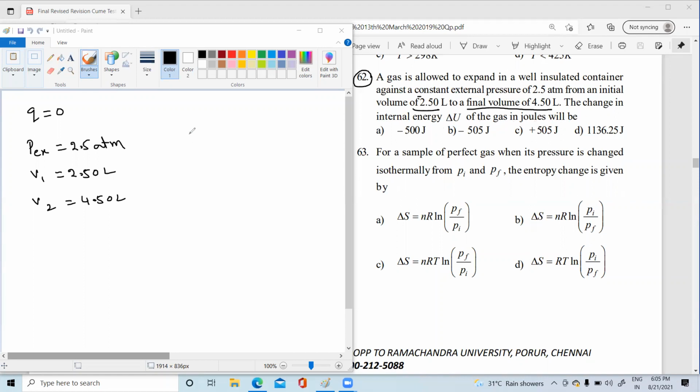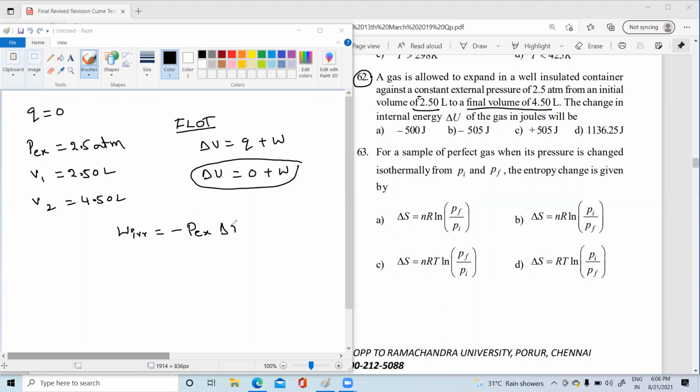According to first law of thermodynamics, del U equals Q plus W, right, students? In an insulated container, Q is 0, so del U equals W. So we have to find the work done. Work irreversible equals minus P external del V. So minus 2.5, and del V means V2 minus V1, that is 4.5 minus 2.5.